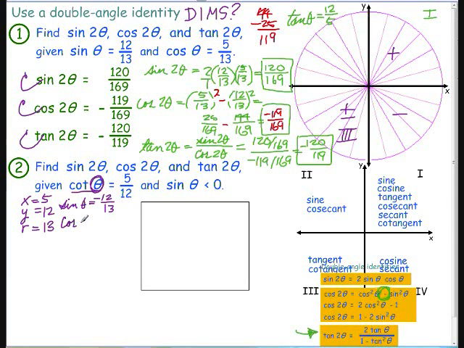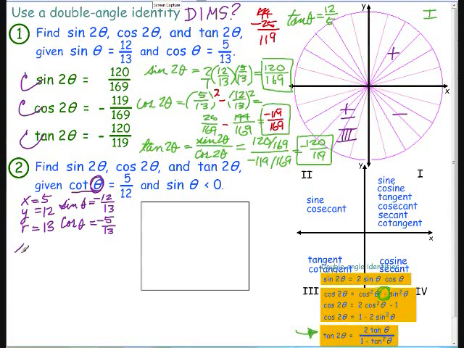My cosine of theta is going to be 5 over 13, but it's in the third quadrant, so that one also has to be negative. Those are the two I like to have, if I can, when I start into these double angles.